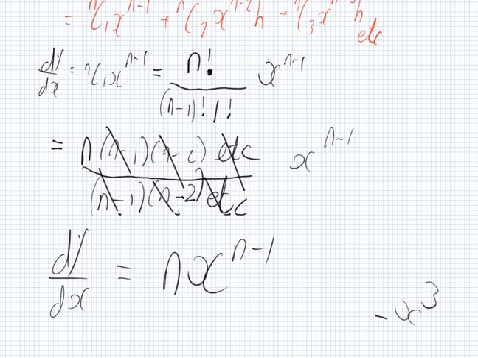So suppose we have, for example here, a constant like the number 4. If I want to write that as a power, it would actually be 4 times x power 0, because x power 0 is 1. So now if I use my quick rule, the 0 comes down in front, and when you multiply by 0, you get 0.